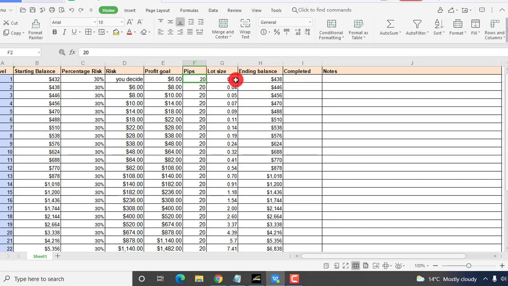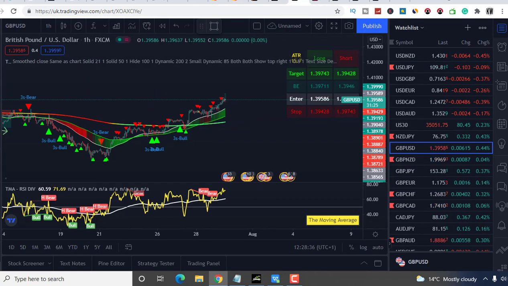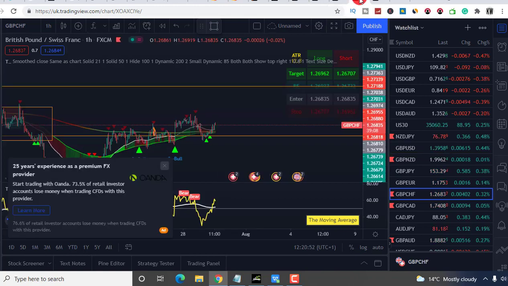We're gonna start with 0.03. Let's see. But in my case, because I'm gonna have my own tweak, I decide to, let's say, go with 3 pairs.